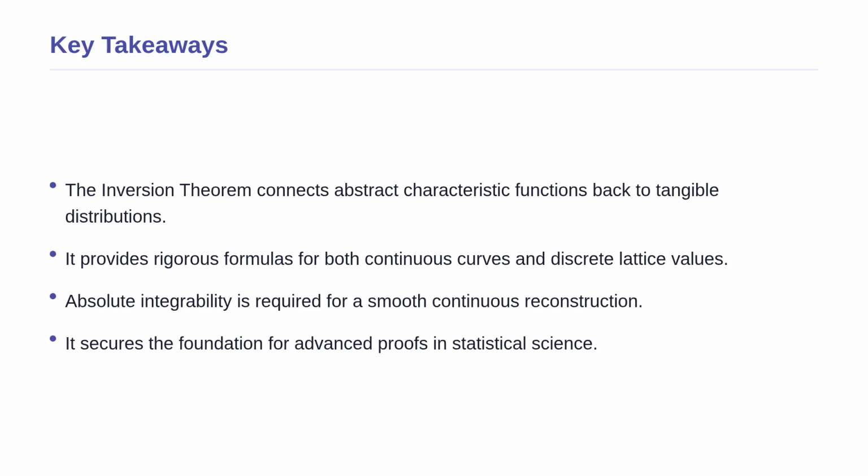We saw that absolute integrability is a mandatory safety check for continuous data, and we saw how the discrete formula perfectly extracts point probabilities. By ensuring that every fingerprint matches exactly one distribution, this theorem secures the foundation for the most advanced proofs in statistical science. You now understand the mechanics of one of probability's most powerful tools.